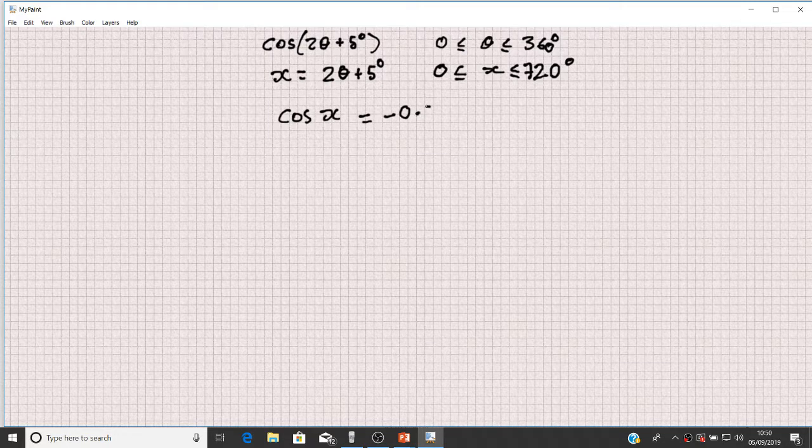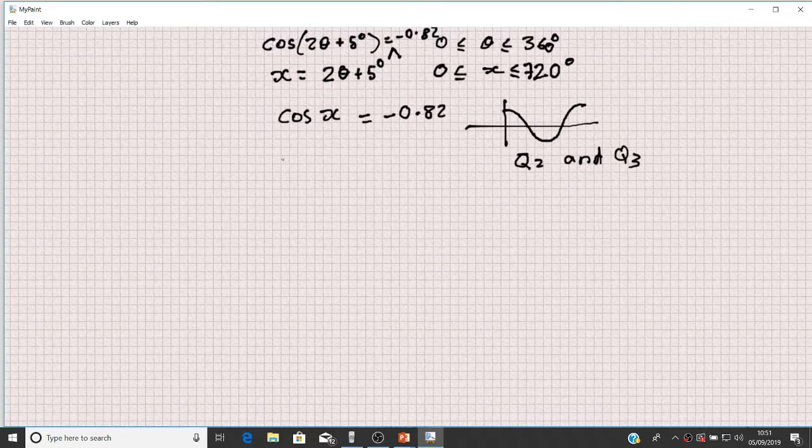Should have written that in up there. Okay, so we notice here cosine x is negative. So if we have a quick look at the cosine curve in its first cycle, cosine is negative in Q2 and Q3. So we're looking first of all for solutions of x in Q2 and Q3.